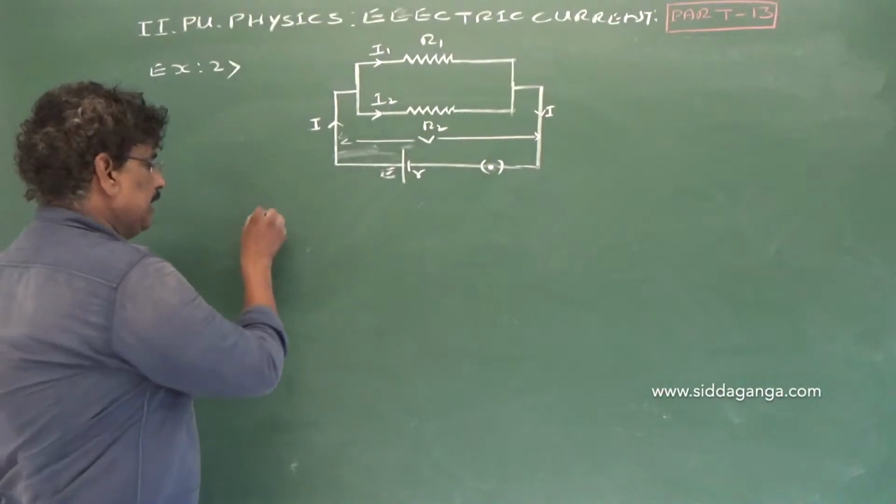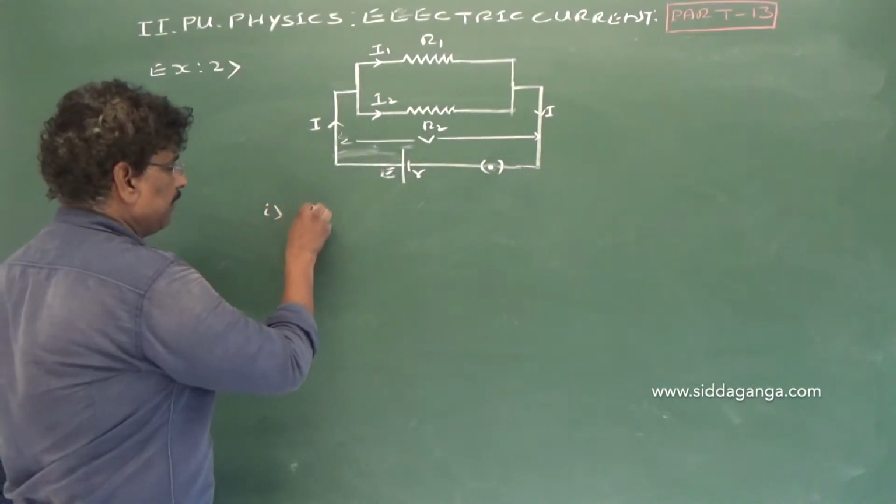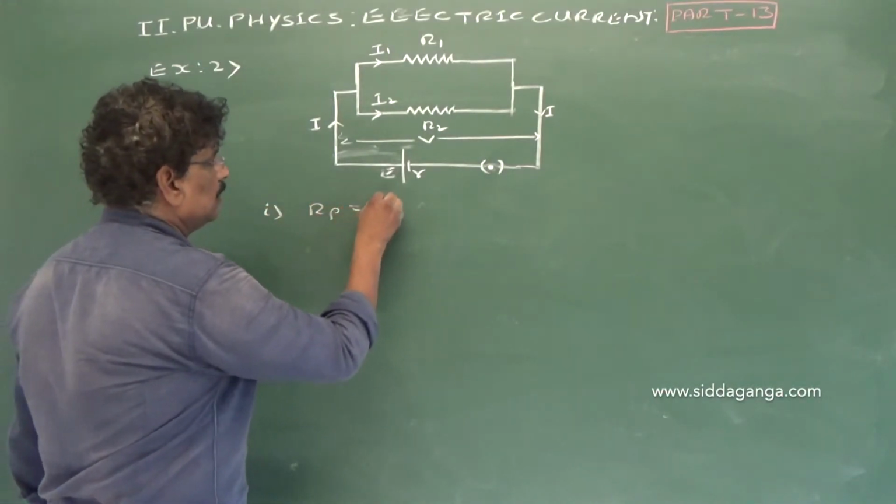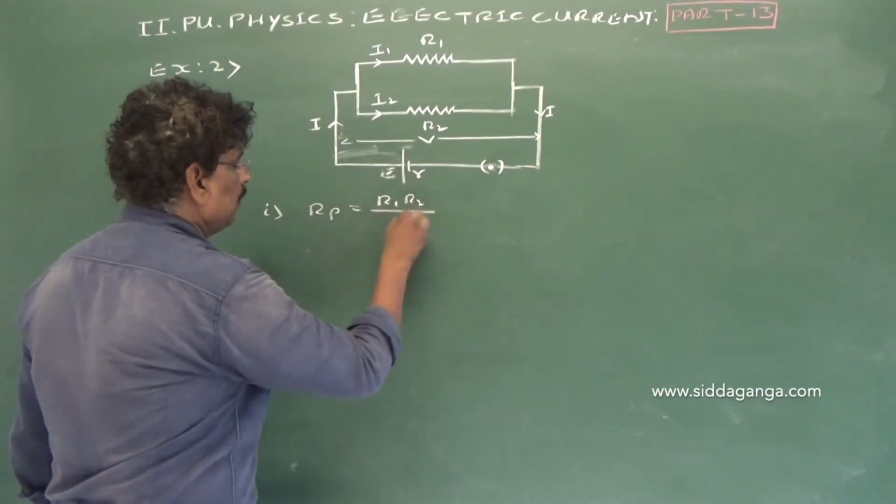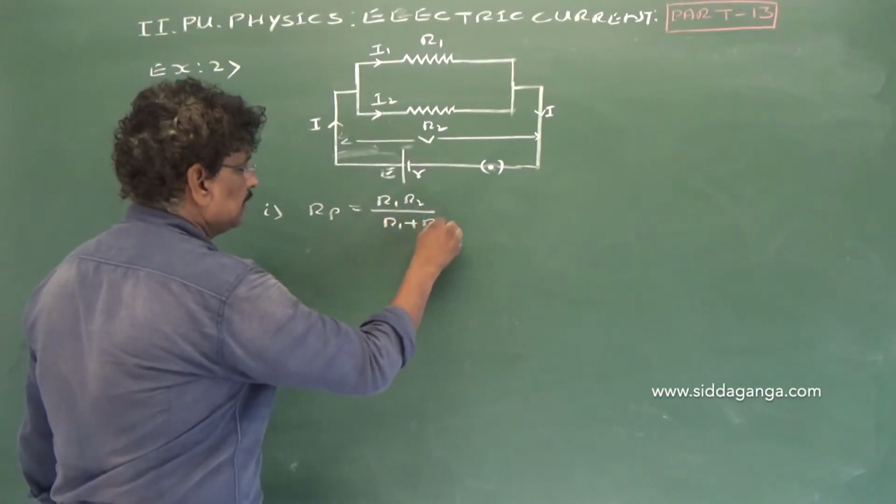Now number 1, we have effective resistance Rp equal to R1 R2 by R1 plus R2.